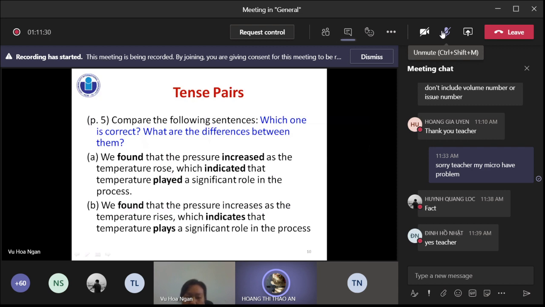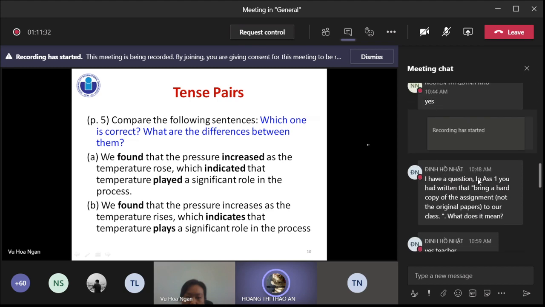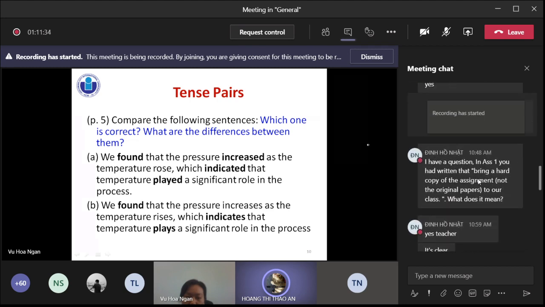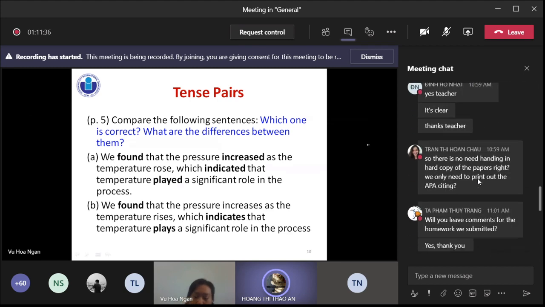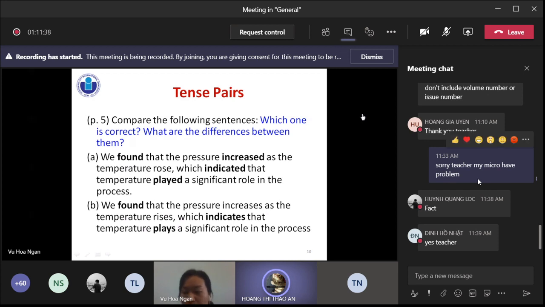We use the present simple tense. It makes our statement stronger. Okay, so you think it makes it stronger, right? Yes. Okay, thank you. Any other suggestion?